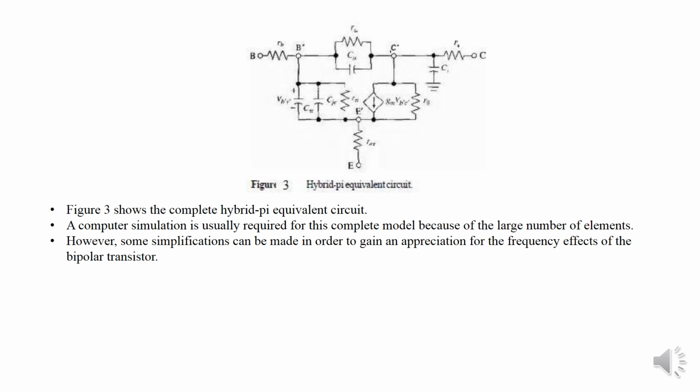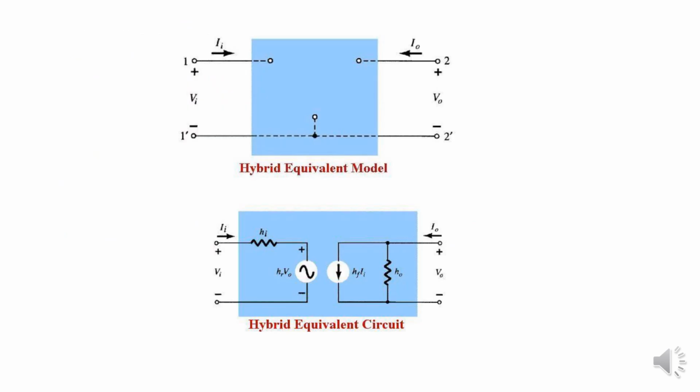Some simplification can be made in order to gain an appreciation of the frequency effect. The reverse two-port network for the H parameter model is shown on the right, and at low and middle band frequencies the H parameters are real values. Other models exist because this model is not suited for circuit analysis at high frequency.